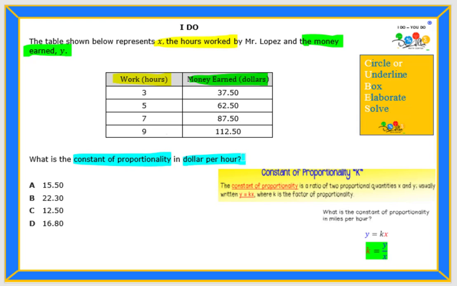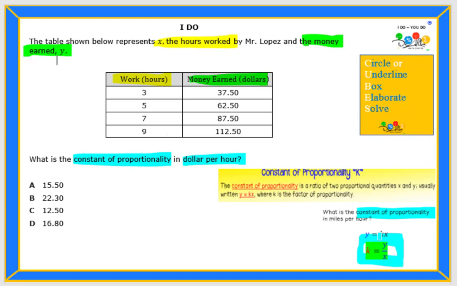So once again, we see constant of proportionality. As soon as I see constant of proportionality, I can look at my 7th grade reference chart, my math chart, right? And I'm going to see this equation right here.